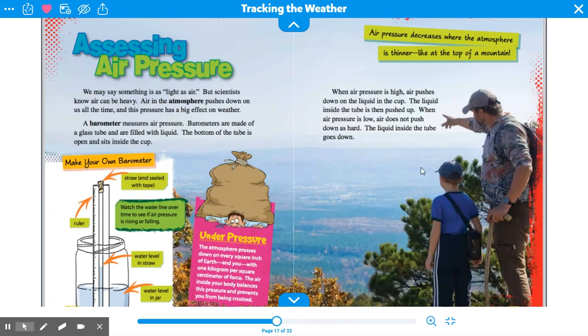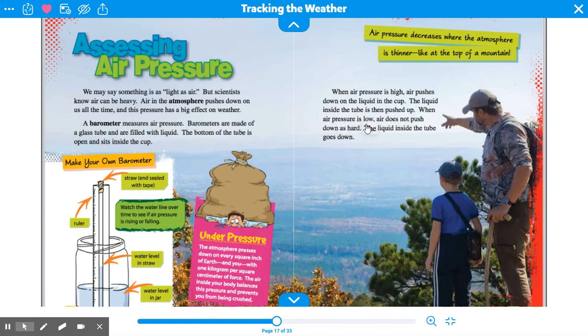And then, all right, here's one on air pressure. So we use a barometer to measure air pressure, and it's a tube that's filled with liquid. So here's kind of how you could make your own. When air pressure is really high, the air is pushing down on the liquid in the cup, and then the liquid inside the tube is pushed up.